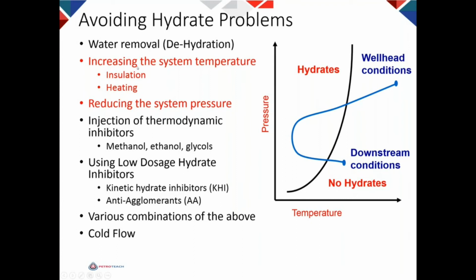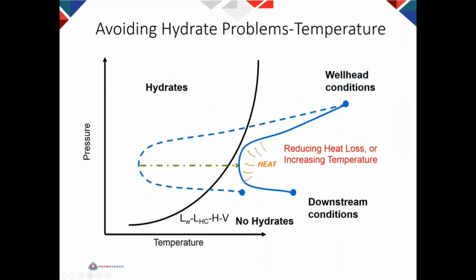So one option is to increase the system temperature or use insulation, and the other one is to reduce the system pressure. First, I'll discuss increasing temperature. Yes, if you maintain the pipeline temperature and/or heat it, then we can move outside the hydrate phase boundary.